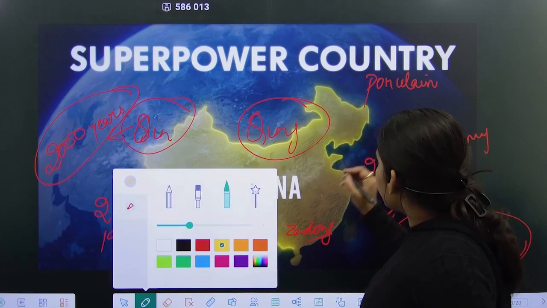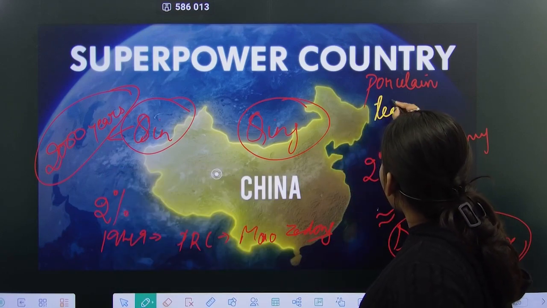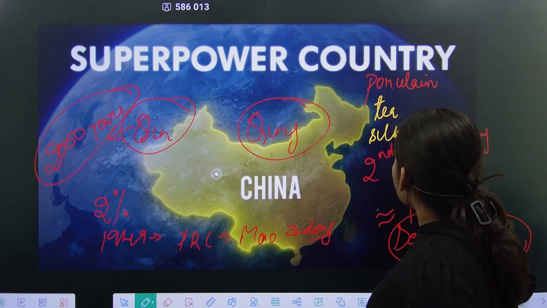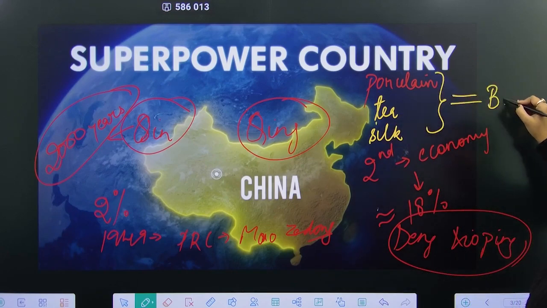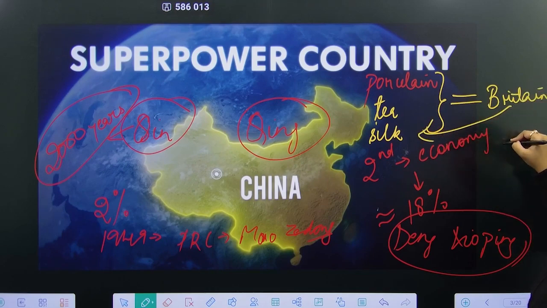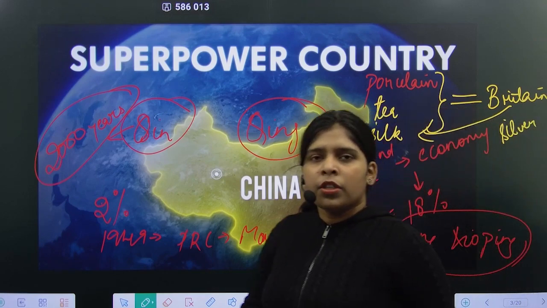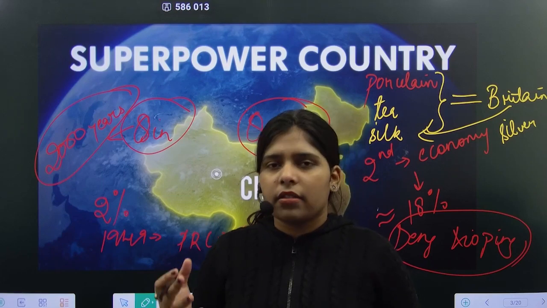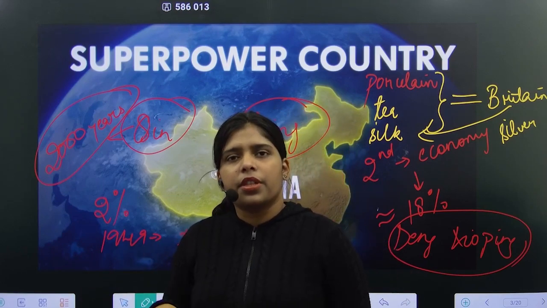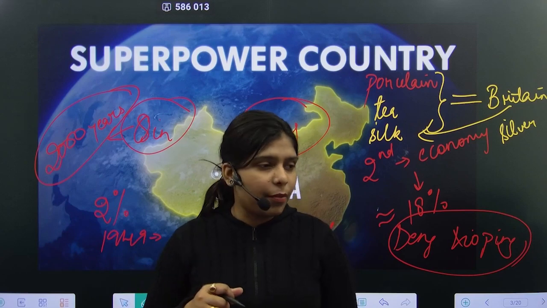Trade was happening in tea and silk. So all this went from China to Britain, and from Britain came silver. Not silk, silver. They were paying in silver. So for every material given by China to Britain, Britain was paying it in silver. That was the situation.